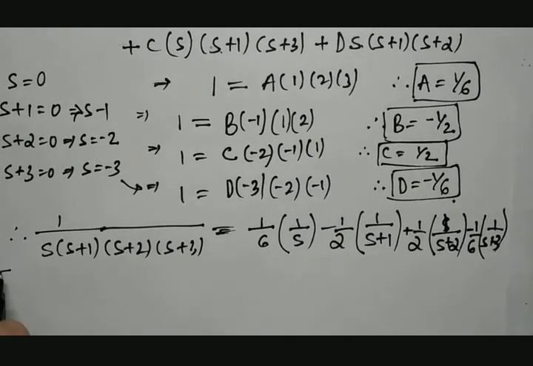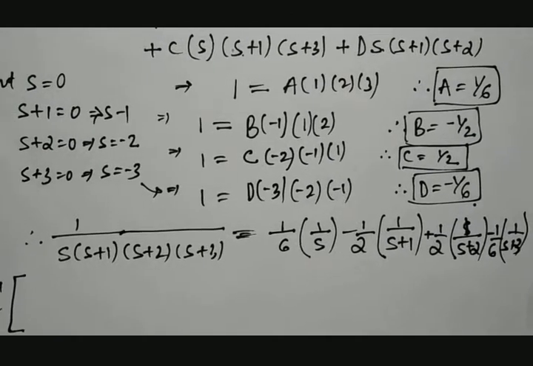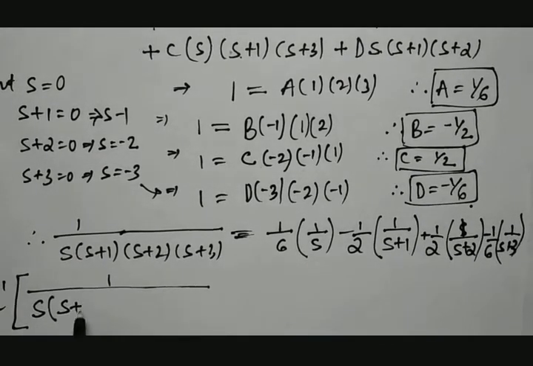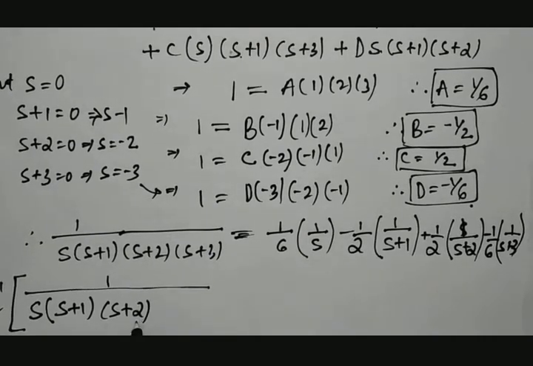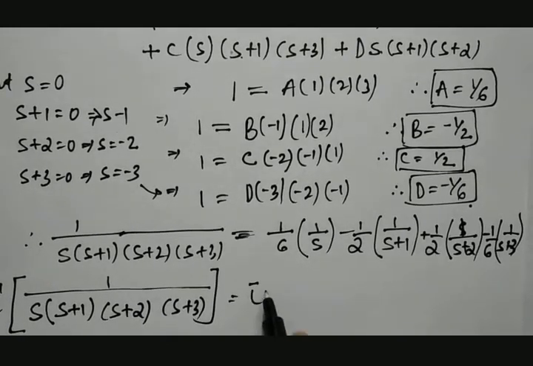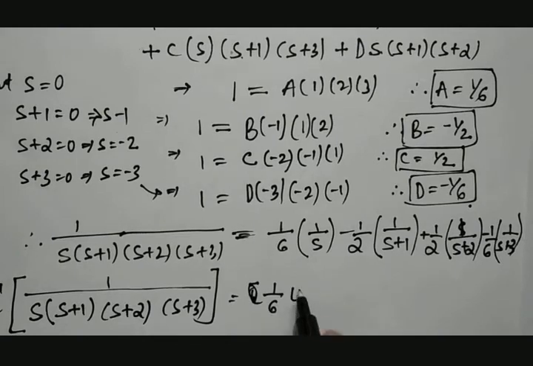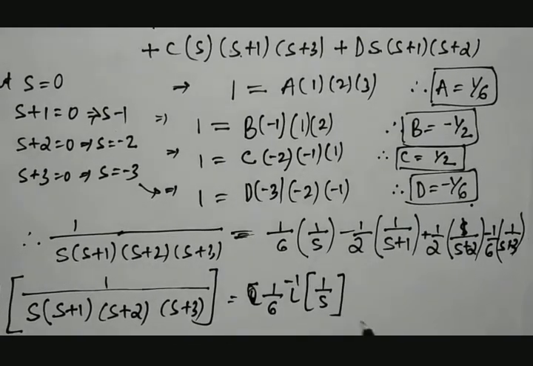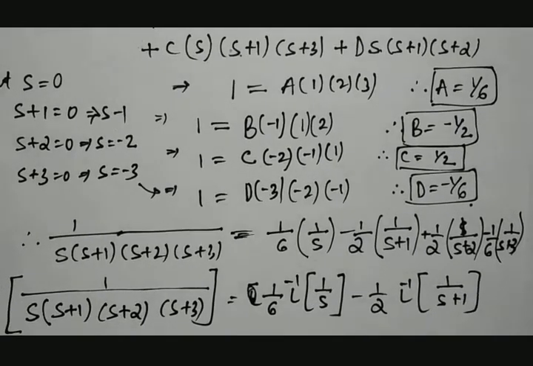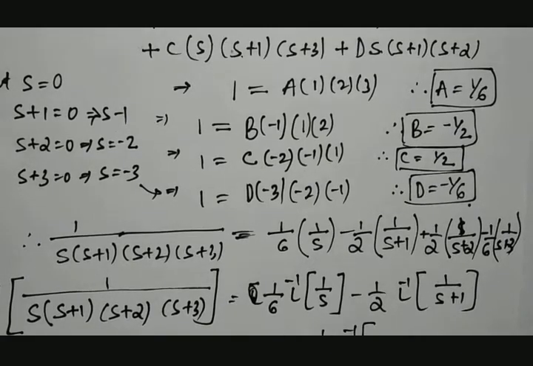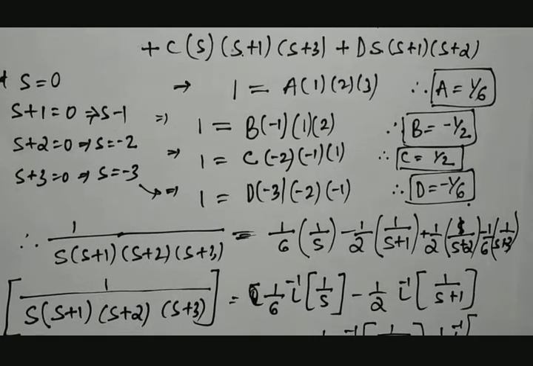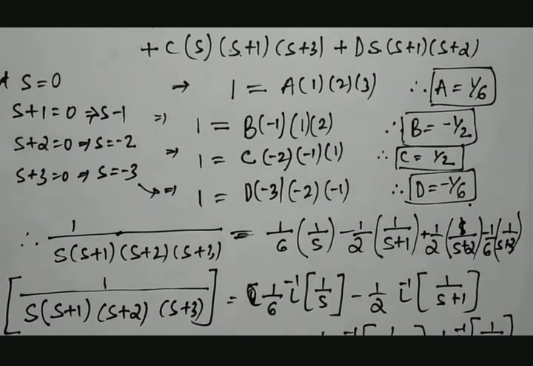Therefore, Laplace inverse of 1 divided by s into (s plus 1) into (s plus 2) into (s plus 3) is equal to 1 by 6 into Laplace inverse of 1 by s, minus 1 by 2 into Laplace inverse of 1 divided by (s plus 1), plus 1 by 2 into Laplace inverse of 1 divided by (s plus 2), minus 1 by 6 into Laplace inverse of 1 divided by (s plus 3).